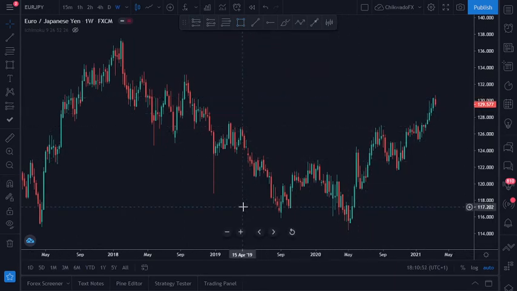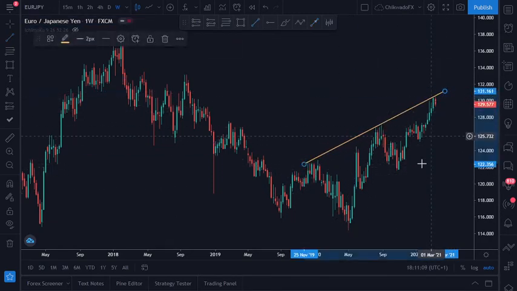Now, looking at Euro Japanese yen on the weekly time frame, as you can see, to the very obvious eye, initially what I would do earlier on was that when the market moves like this, maybe I'll take a chart pattern, I'll take a trend line and then draw it.